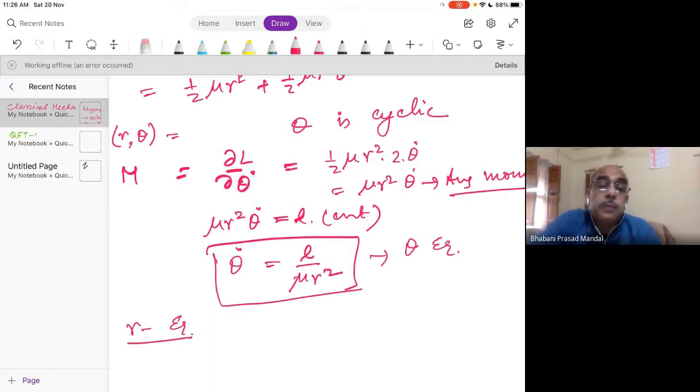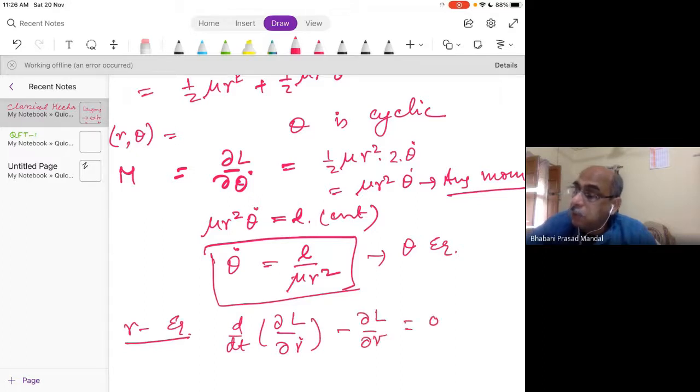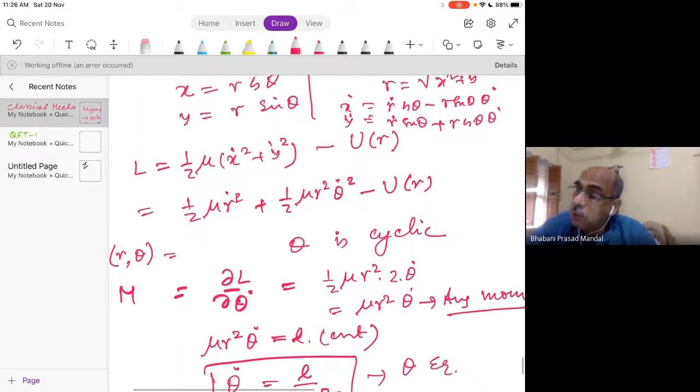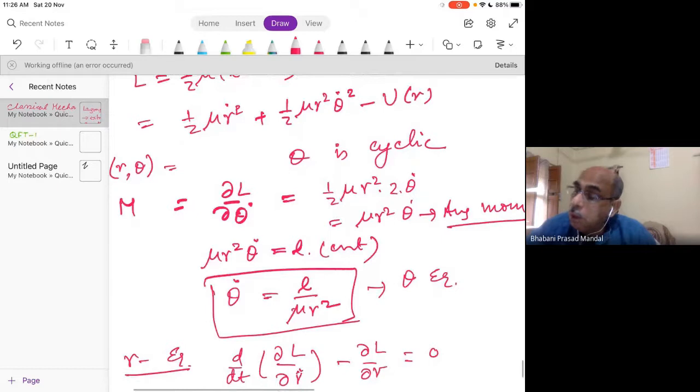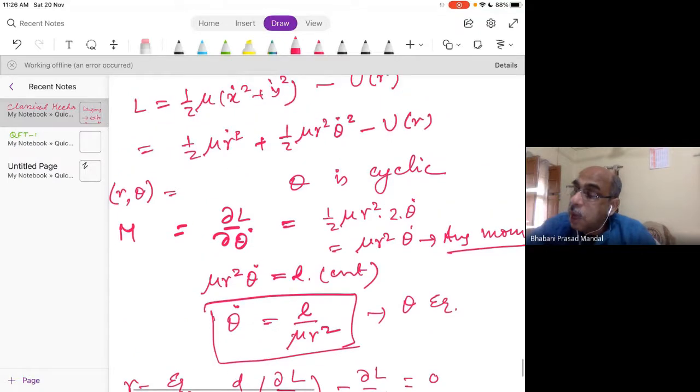Okay, so if you calculate your r equation, what will that be? d/dt of del L del r dot minus del L del r equal to 0, right? So d/dt of del L del r dot will be mu r double dot as the first term, and there is no r dot elsewhere.